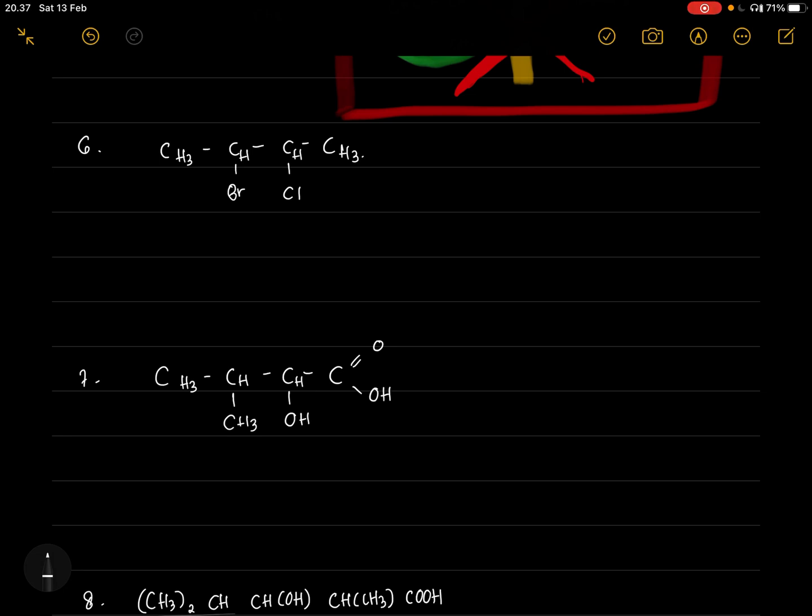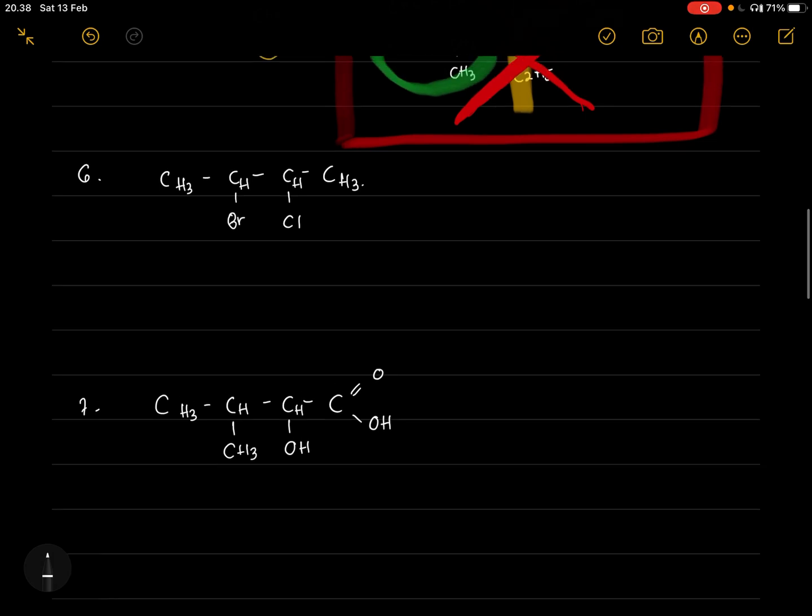Now, here I put some different functional groups. I start with the halogenoalkanes and then, as the numbers go on, maybe I will also introduce you to different organic functional groups. In number 6, we have two halogens as the branches.